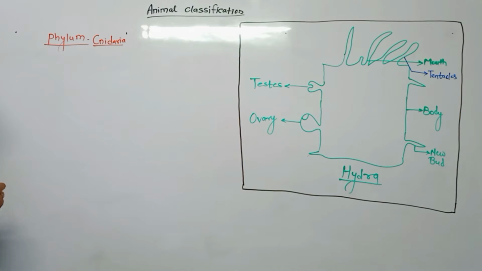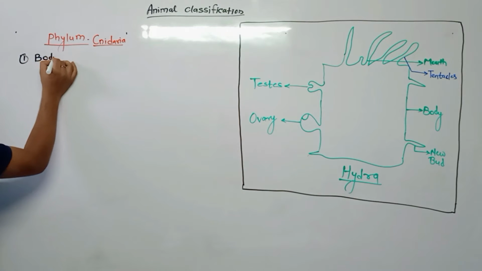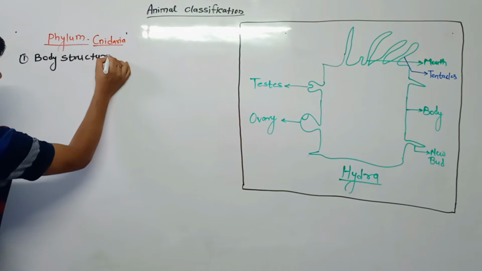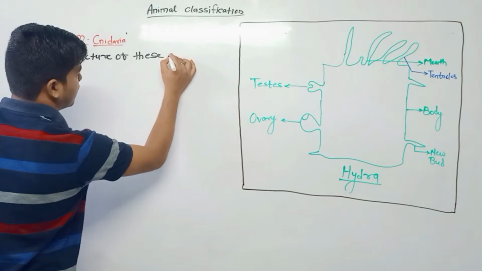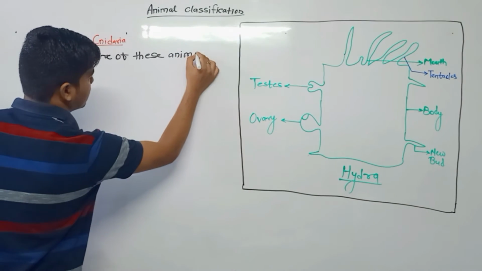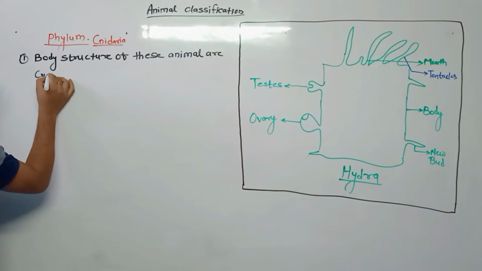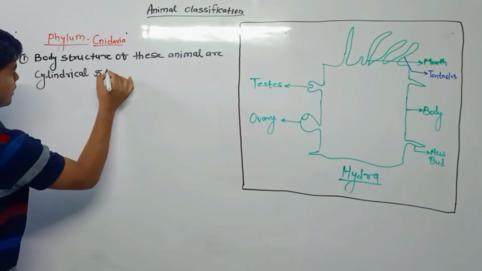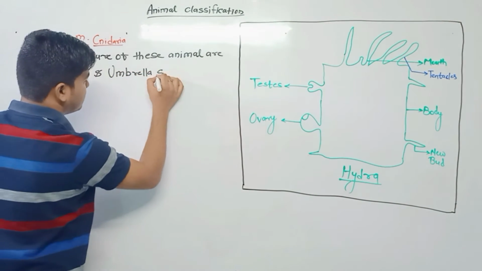So in this, the first point is body structure. The body structure of these animals is cylindrical and umbrella shaped.